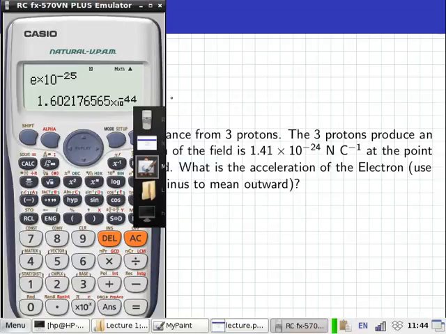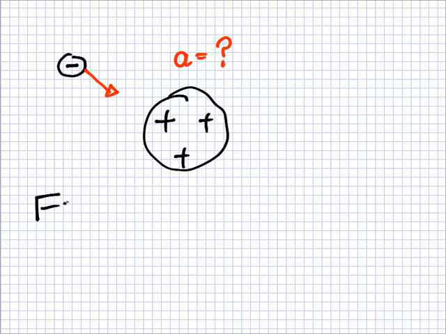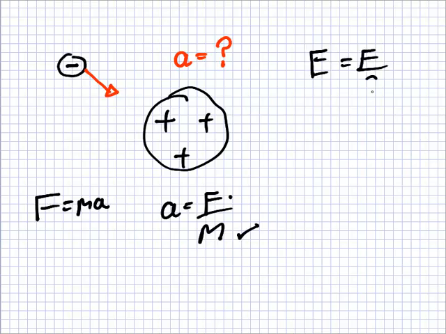So, we know that F equals MA. So A equals F over M. Now, do we know the M? Yeah, we do. Do we know the F? Well, we could know it. So, E equals F over Q, so F equals EQ.